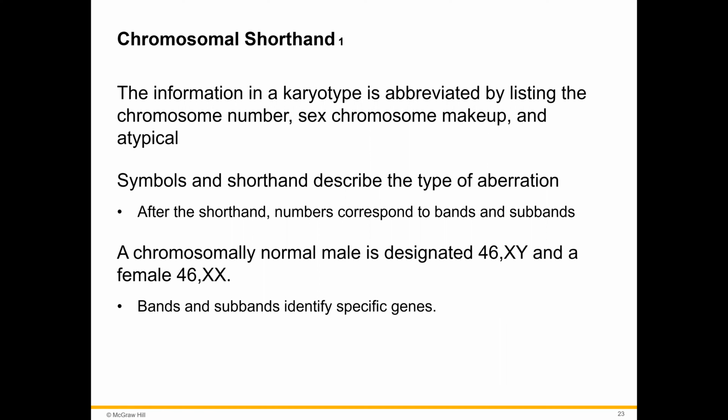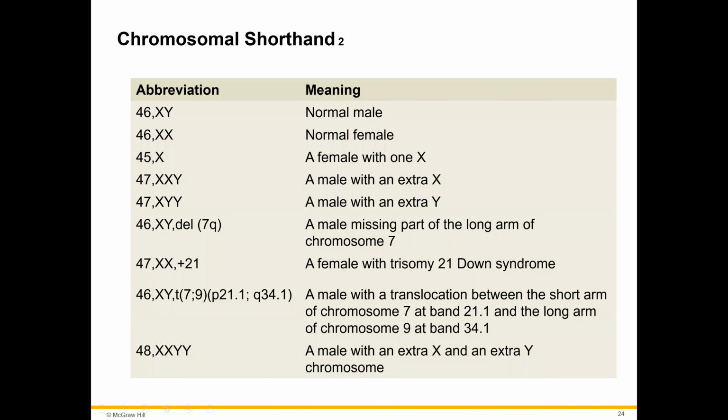Information in a karyotype is abbreviated by listing the chromosome number, sex chromosome makeup, and atypical chromosomes. I'll show you how it looks, and then we get back over here.